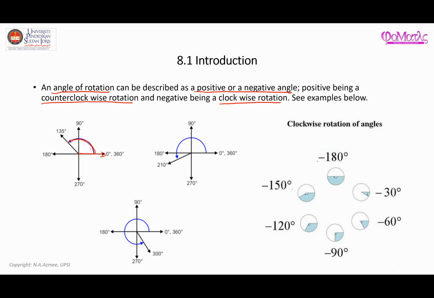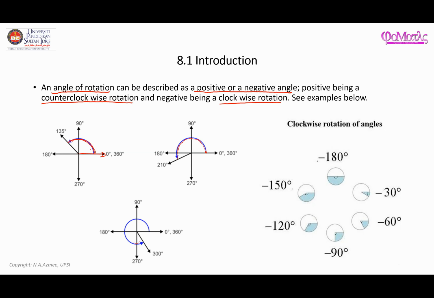The angle is 135 degrees. Similarly for this one, this is also a positive angle. It starts from this point, moving towards this, past 180 degrees, and the angle here is 210 degrees. Similarly for this one, this is also a positive angle. It follows the counterclockwise rotation.